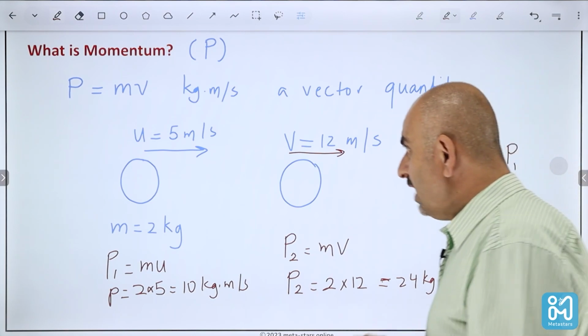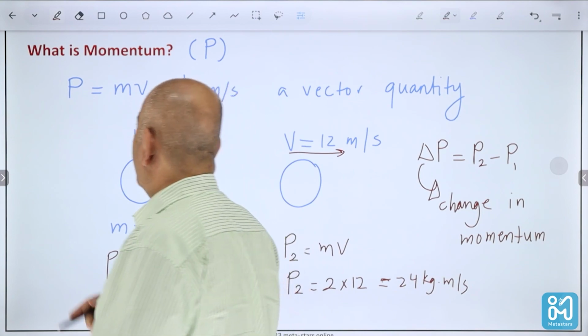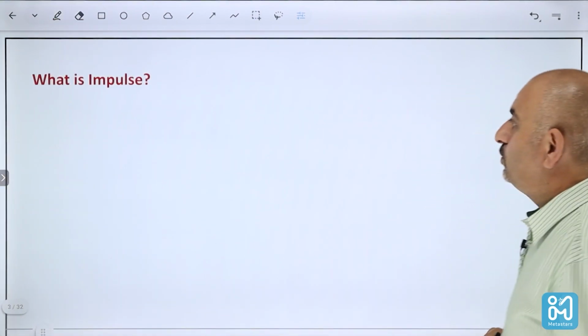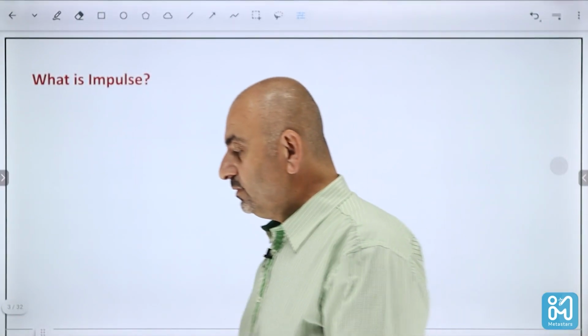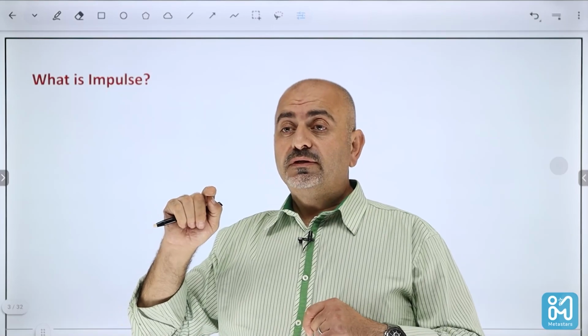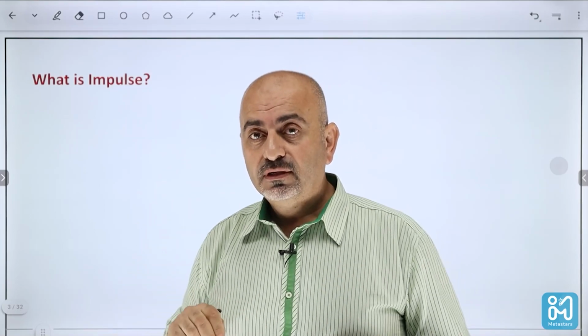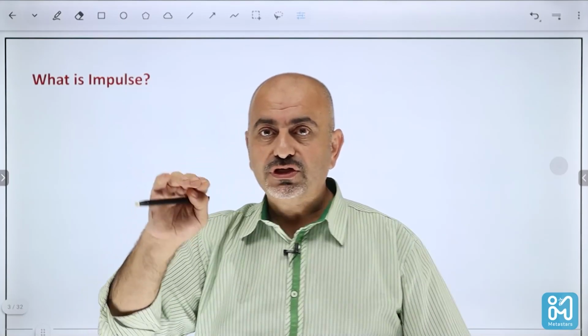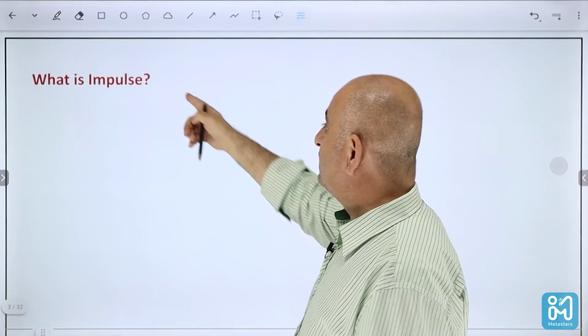Well, now that we have learned what momentum is, I need to take you to the next slide, which is: what is impulse? Impulse is when you give a push to the object, exerting a force on it. You just kick it or push it, then you give it impulse.